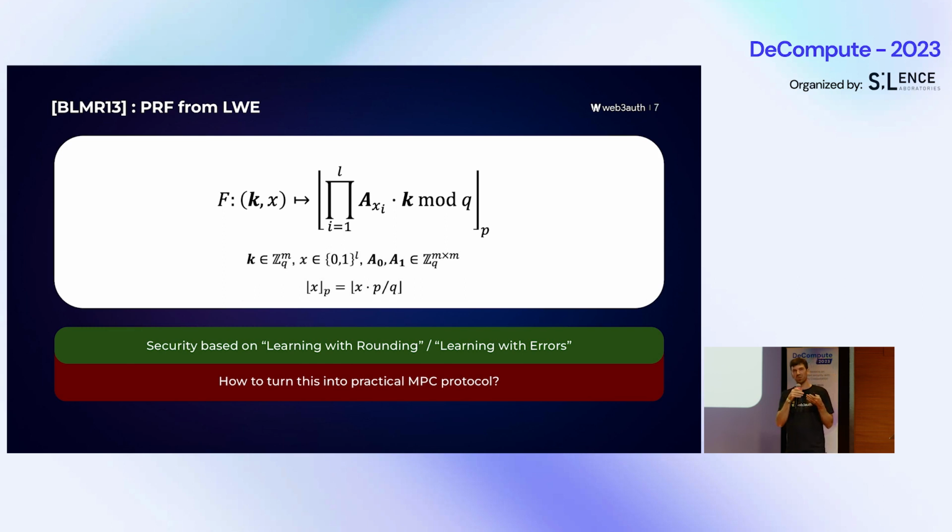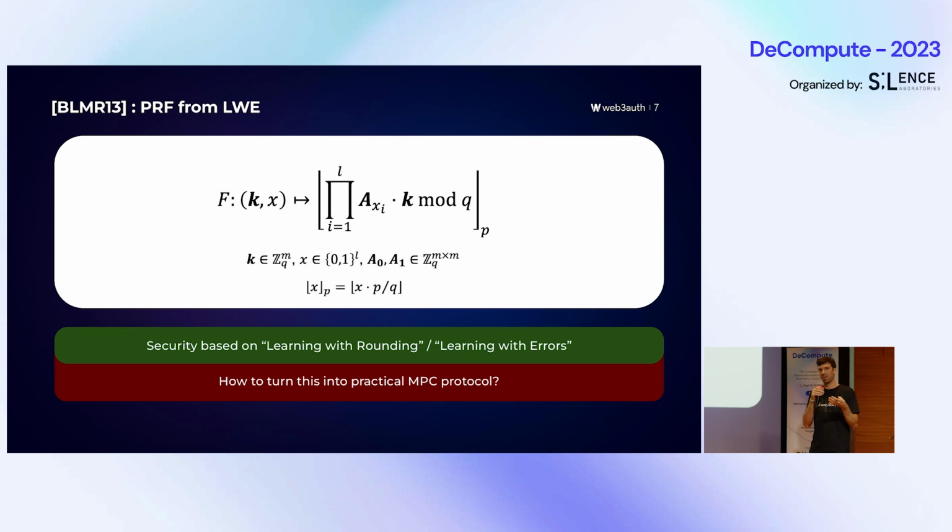and what introduces the hardness is the rounding. This is a special mod P rounding, which is basically scaling down the result of this inner computation by a factor P over Q, and then throwing away the lower order bits.